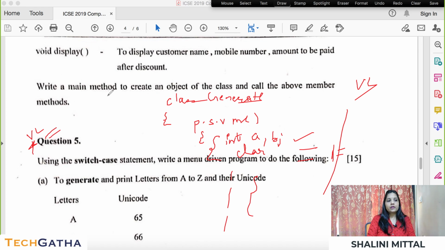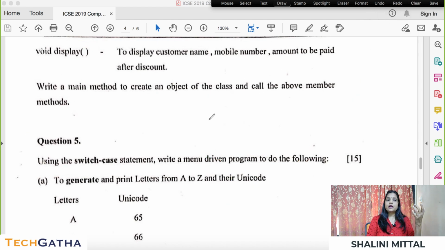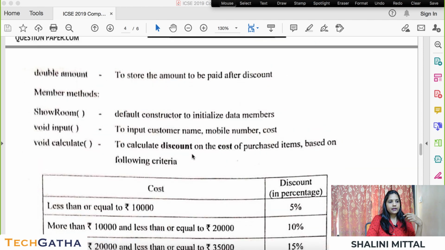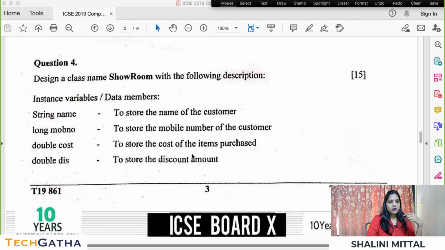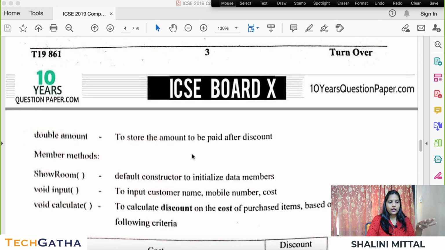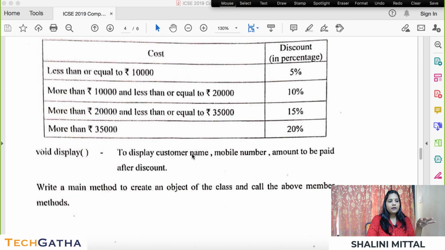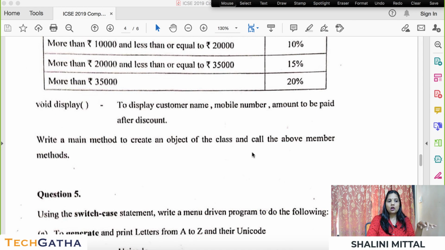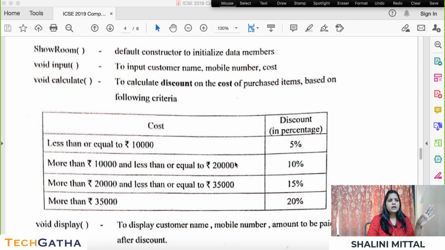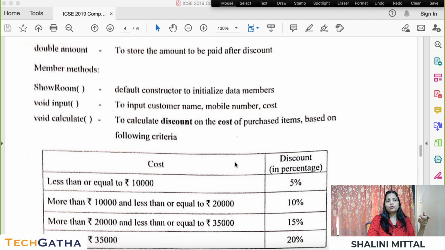Then if it asks to write a main method or not, always try writing a main method, create the object of the class and call the methods, if the question doesn't say to take the input from the user. If you see this example, it says create a class Showroom, the variables, the member methods, and then a main method and call the above member methods. That's it. They don't say to take the input from the user.